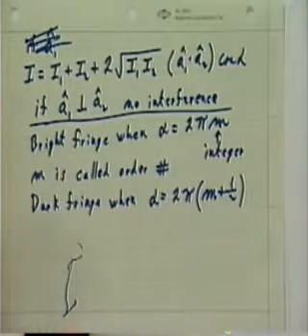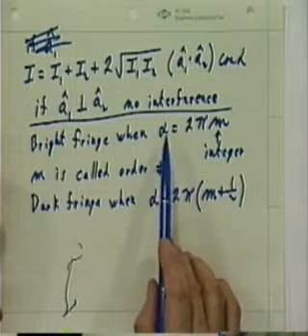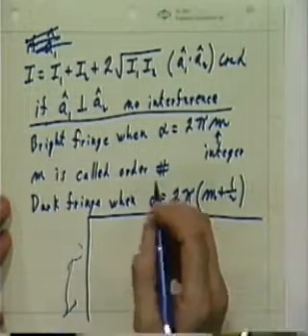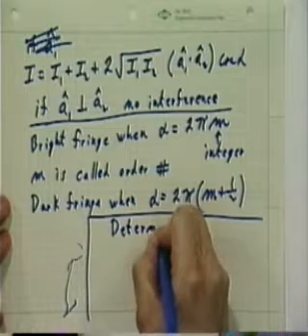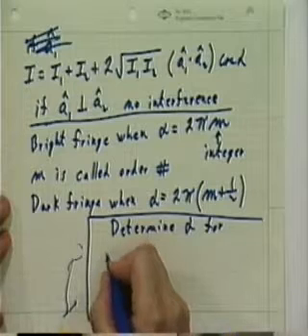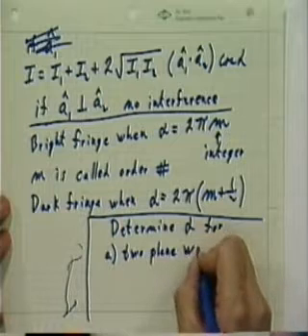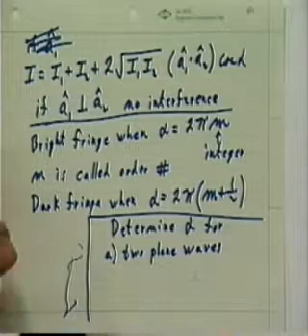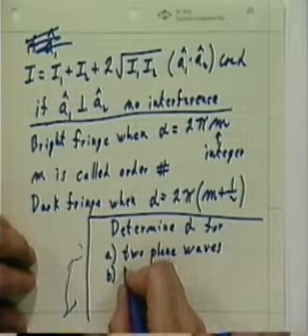Now what we're going to do in this whole chapter is simply determine alpha for different situations. The first thing will be 2 plane waves. We'll determine alpha, and from that, we'll determine the shape of the fringes. After we do 2 plane waves, we'll look at 2 spherical waves.